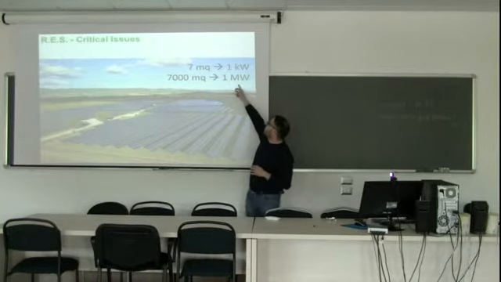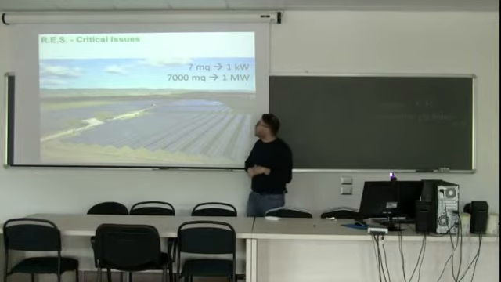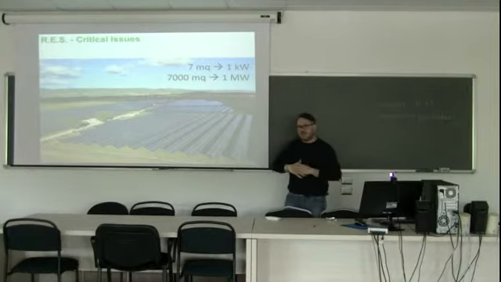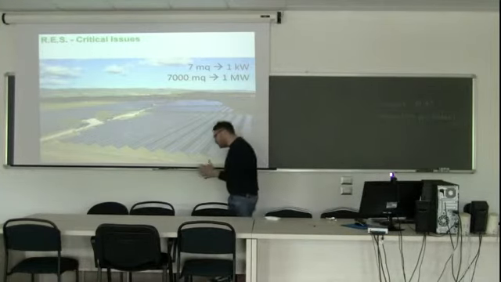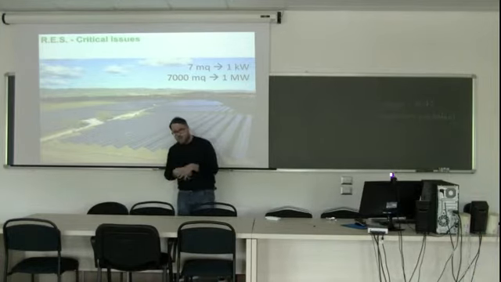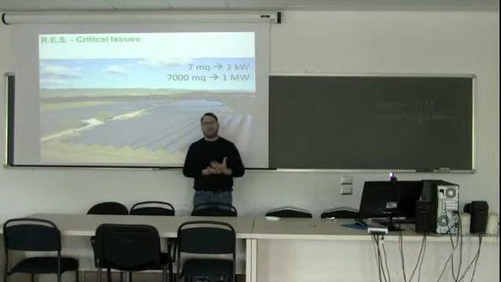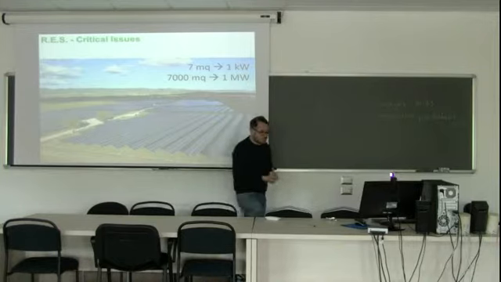So, for a 1 megawatt power plant, we need 7,000 square meters. That is a very huge soil ground occupation with reduced energy density. The energy density of this plant is very low compared with the coal plant energy production, okay?